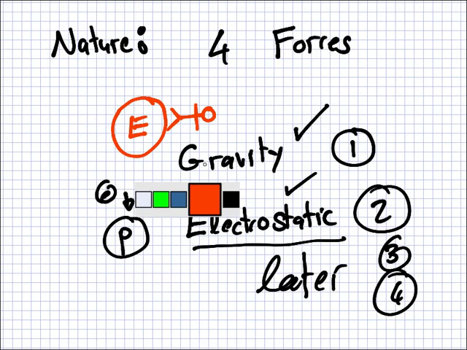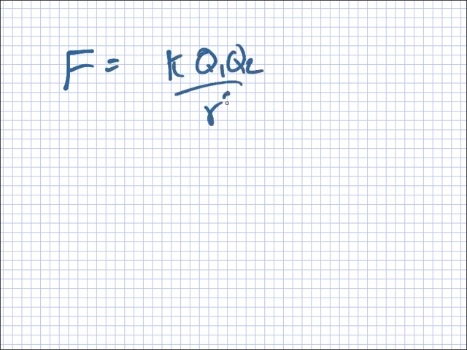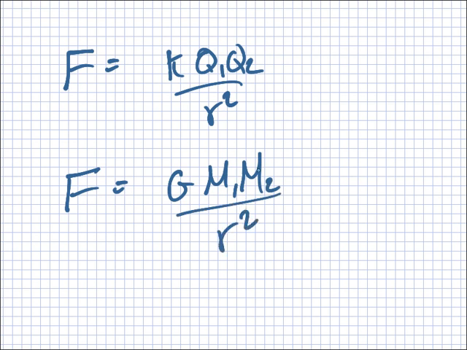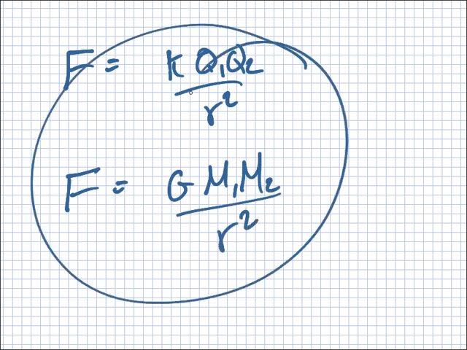So look. There is something I want to say in physics. This formula, k q1 q2 over r squared. Ben, you said you know this. There's another formula, G m1 m2 over r squared. These types of formulas in physics are very common. You see them a lot.